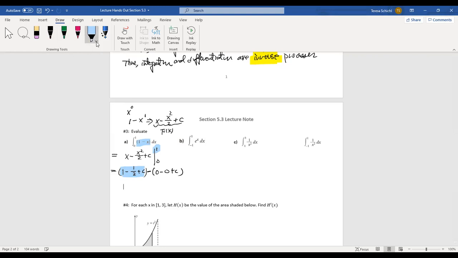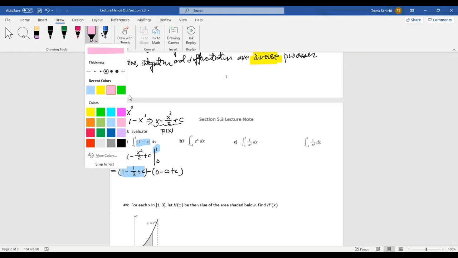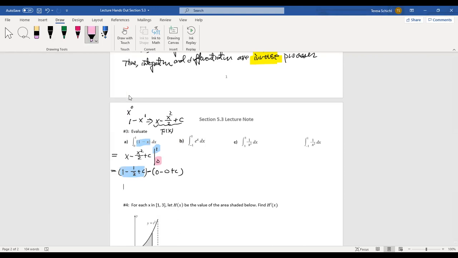Let me color code that. This is your lower bound, so you substitute the function with your lower bound. As you can see here, for the antiderivative, the c and the c will always cancel. So this is 1/2 minus 0. What is the final answer here?